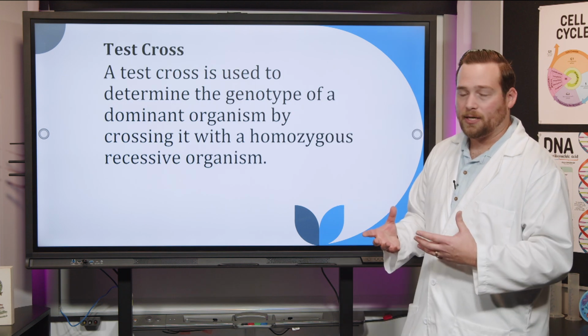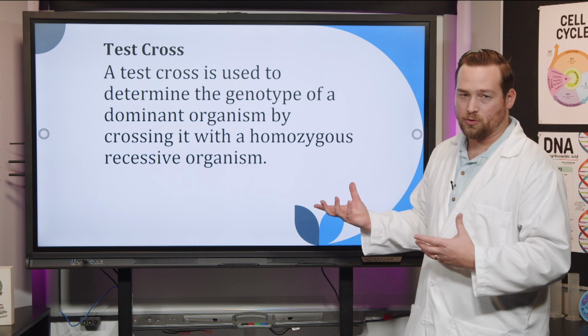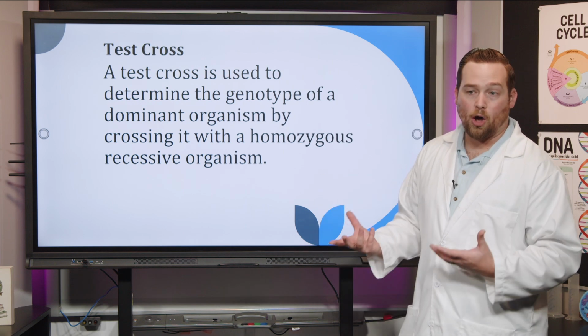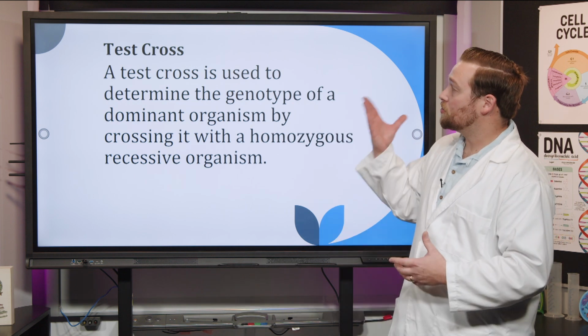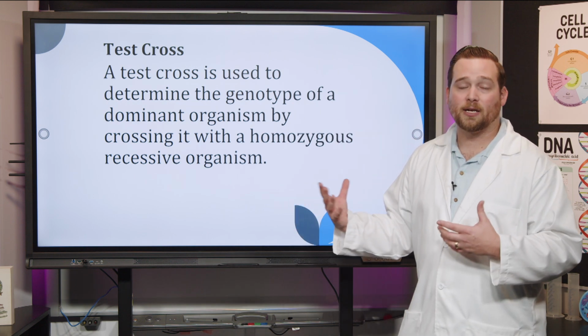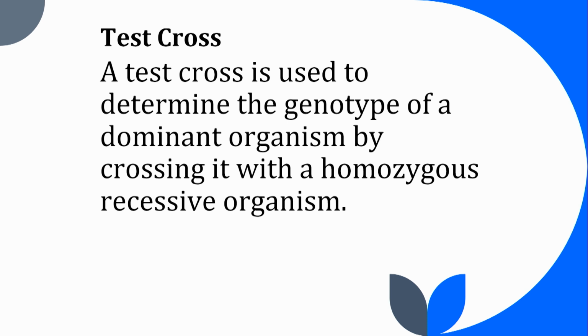And then lastly, this has to do with Punnett squares as well. Let's say you don't know what the genotype of an individual is. You can do something called a test cross, and this can help you determine an unknown genotype. So a test cross is used to determine the genotype of a dominant organism by crossing it with a homozygous recessive organism. So if someone is showing the dominant trait, they could be homozygous dominant, but they could also be heterozygous.